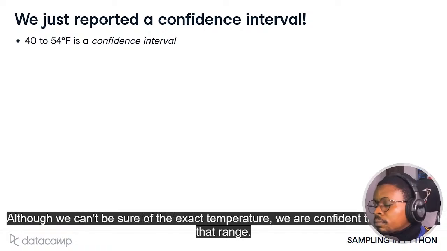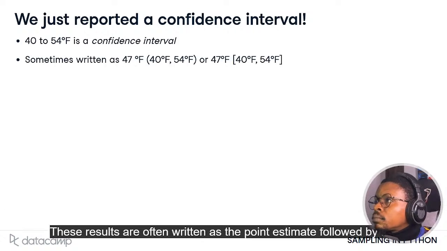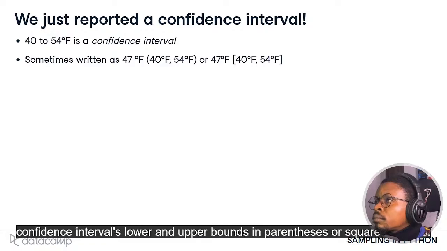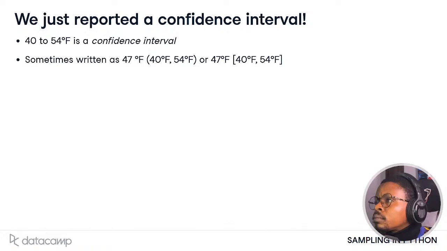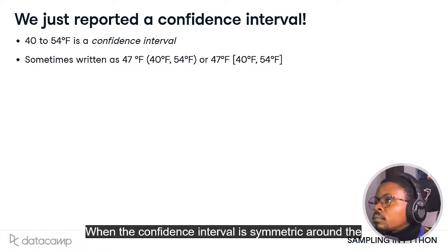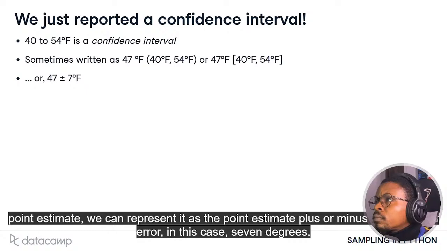Although we can't be sure of the exact temperature, we are confident that it will be in that range. These results are often written as the point estimate followed by the confidence interval's lower and upper bounds in parentheses or square brackets. When the confidence interval is symmetric around the point estimate, we can represent it as the point estimate plus or minus the margin of error, in this case, 7 degrees.